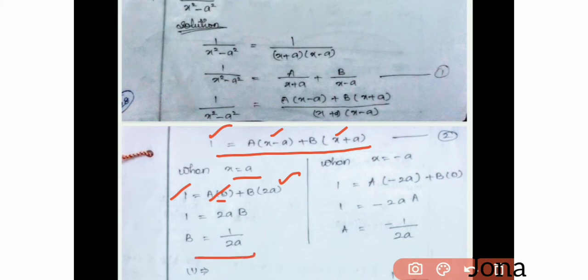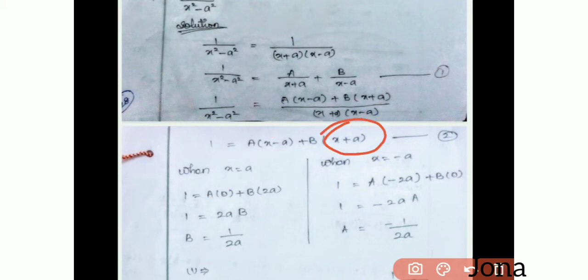Likewise I want to find the value of A now. Look at the next bracket, I had x plus a. Let me equate this to 0, so x equal to minus a. Now I substitute x equal to minus a in this equation.